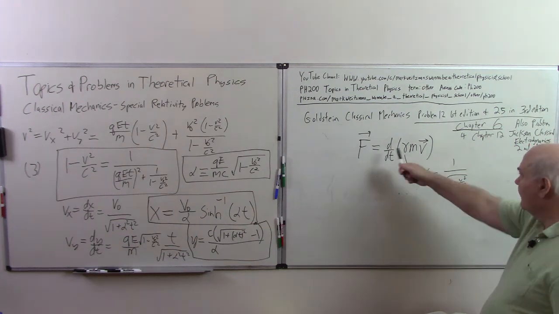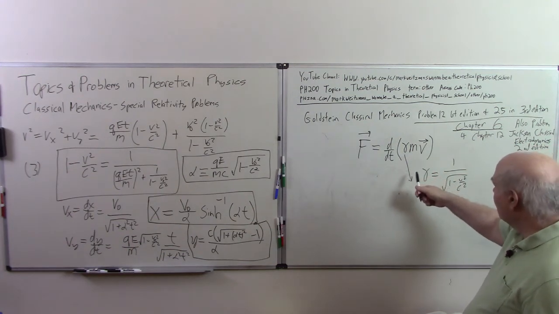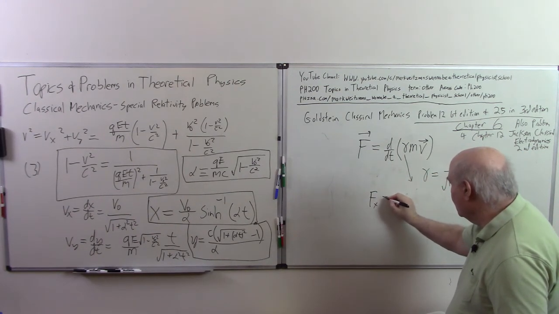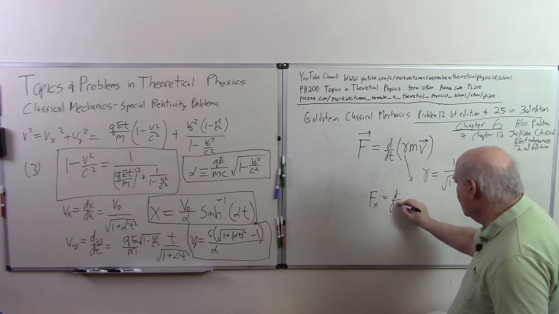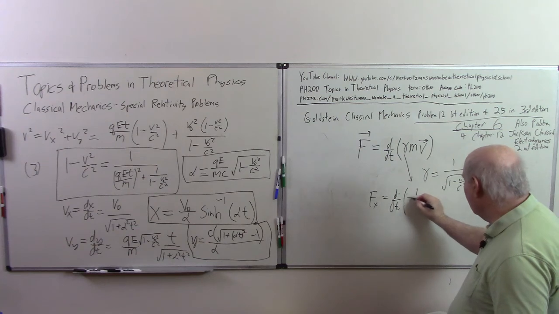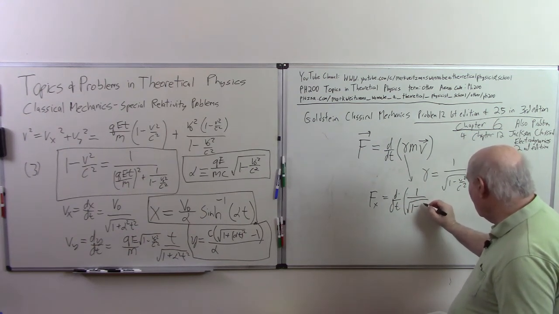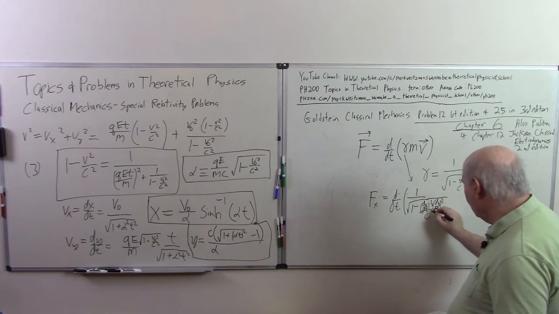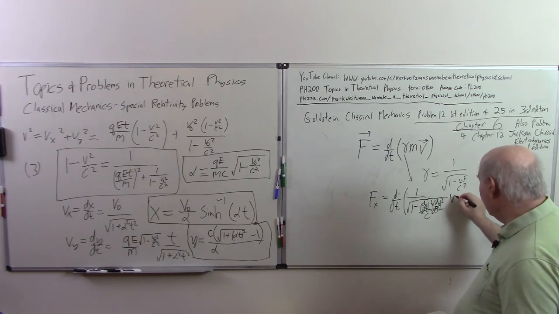So if we take the x component of this equation, we'll have Fx something that looks like this: 1 over the square root of 1 minus, I'll write this as dx/dt squared plus dy/dt squared over c squared, times vx.